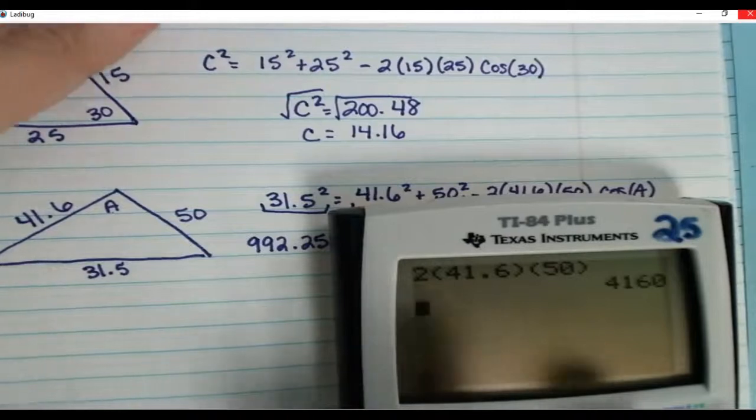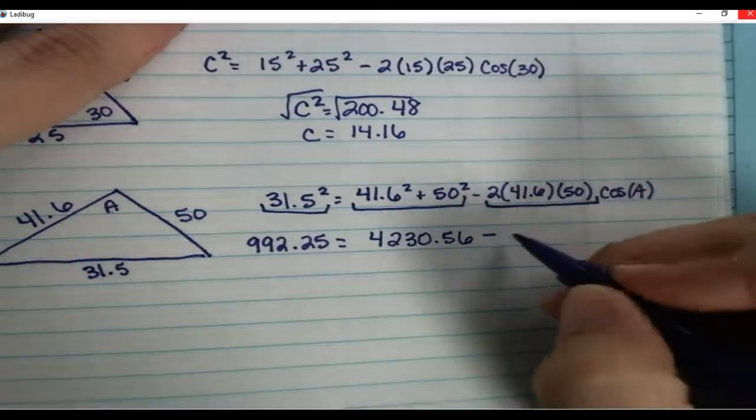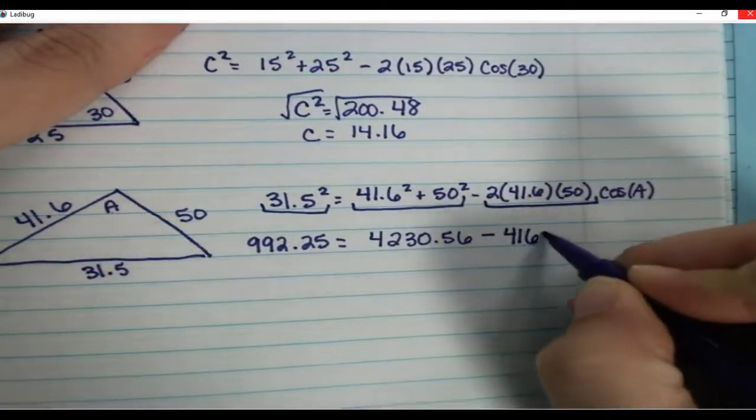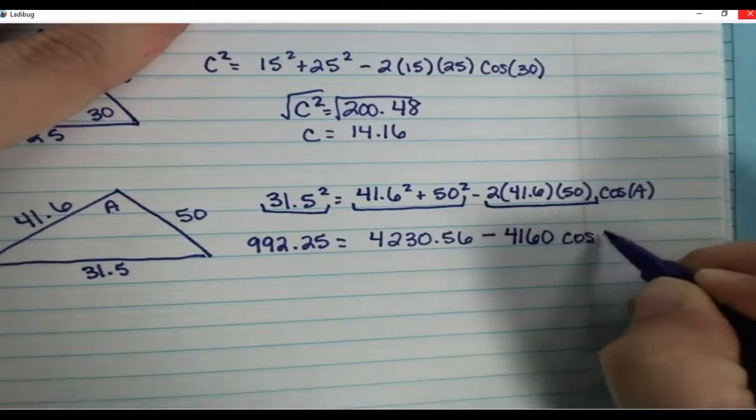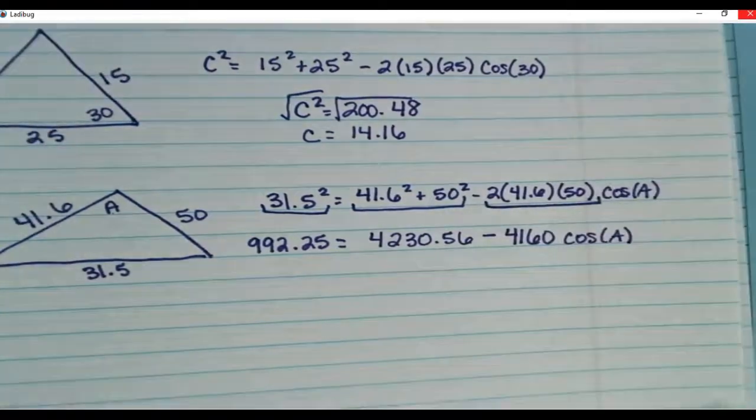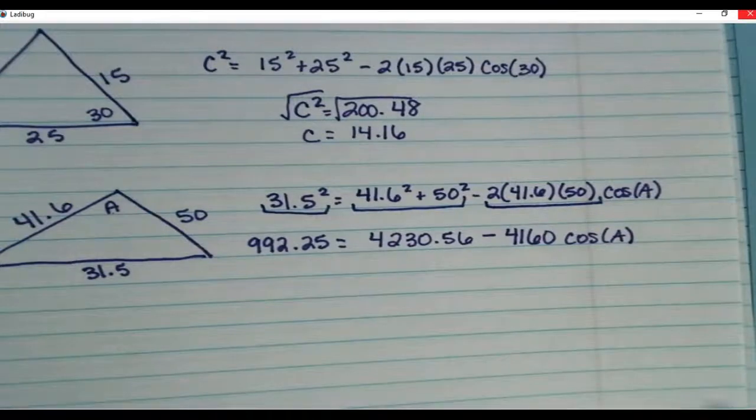And that'll give us 4160. And then we just bring down the cosine of A. Okay. And so you always want to simplify in those pieces. So do the squared, the adding the squareds, and then the multiplying. Any questions on that, though?